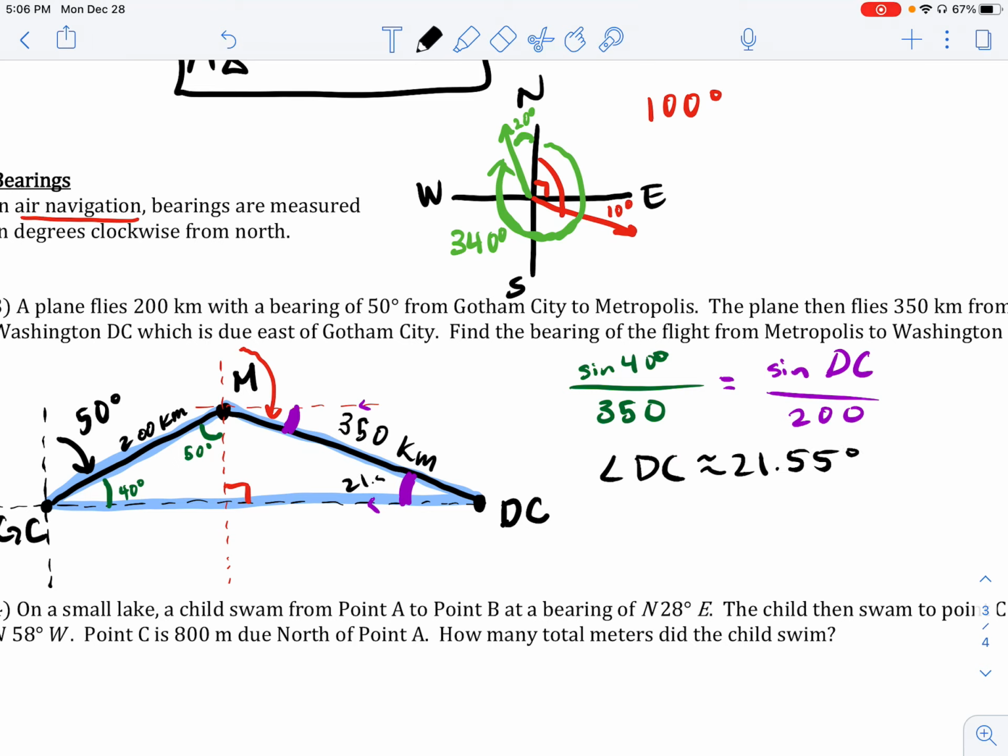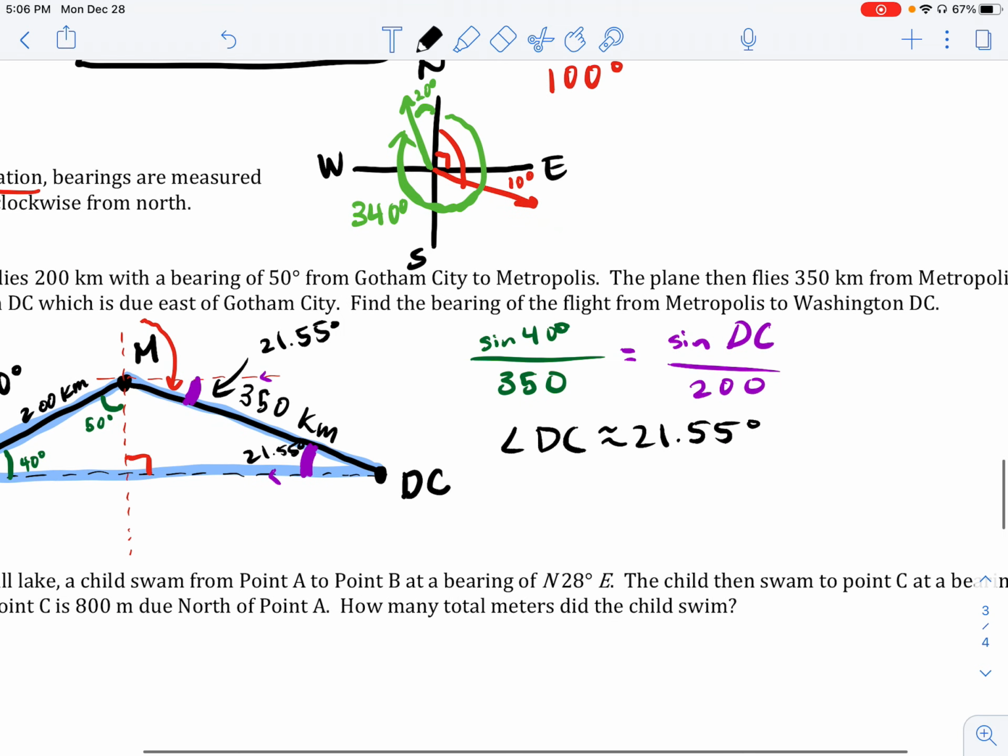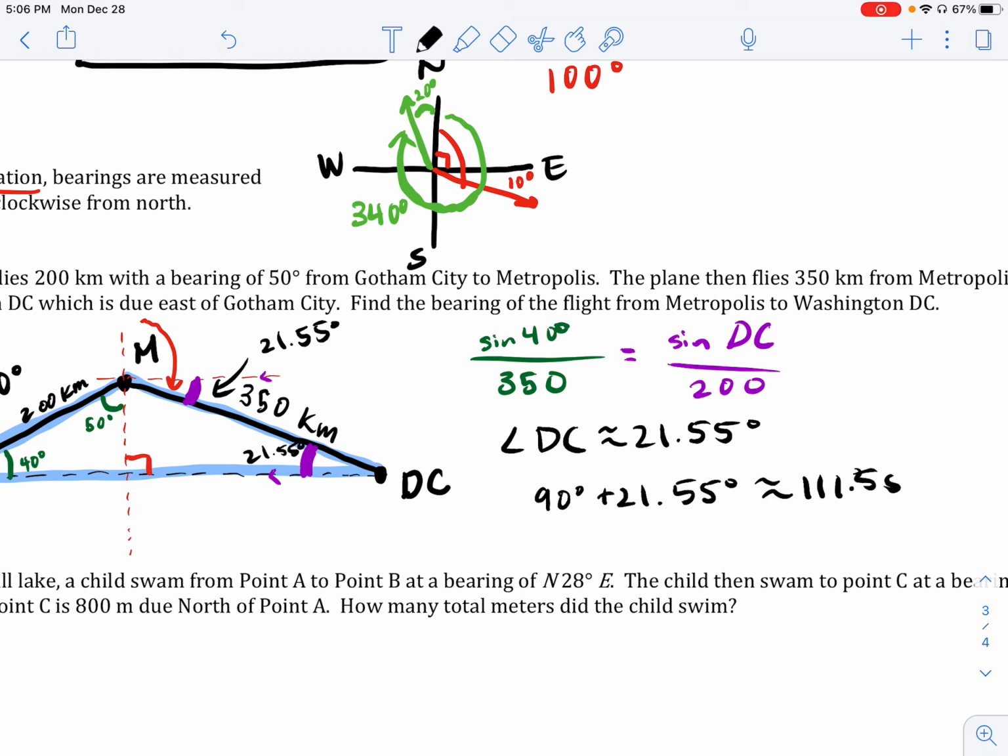So this angle here is approximately 21.55 degrees. If that's 21.55, that means this angle up here is approximately 21.55. And then from here, my bearing is going to be 90 degrees plus approximately 21.55 degrees, which is approximately 111.55 degrees.